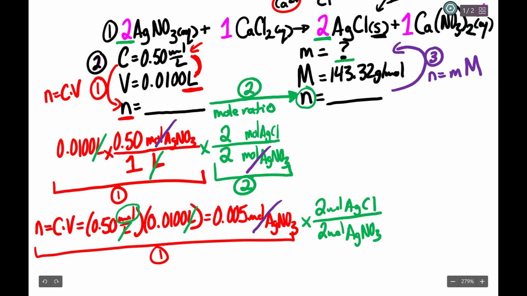The moles of silver nitrate cancel out with the moles of silver nitrate, and I'm left with the moles of silver chloride. Now, up top, I'm not going to punch this in my calculator. I'm going to do it all in one go. Down here, I have to. Now, 2 over 2 is 1 over 1. So I'm going to end up with the same value, 0.005 moles of silver chloride.